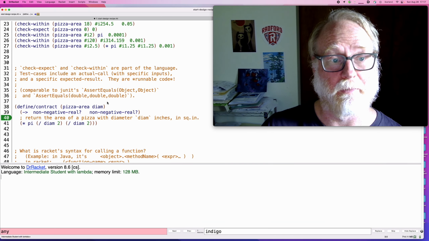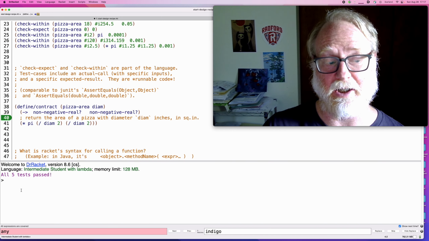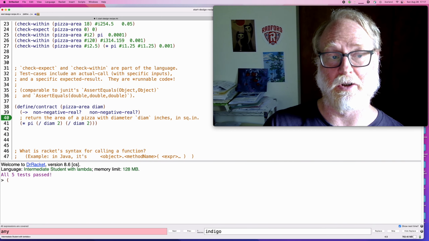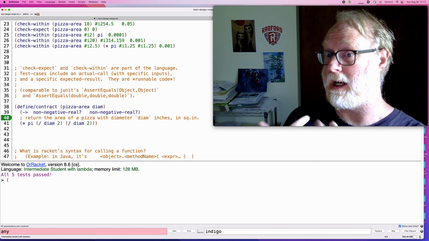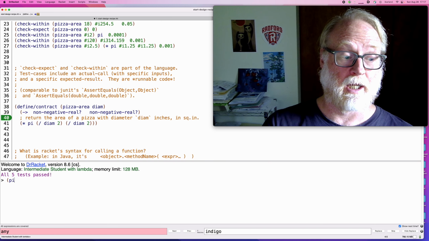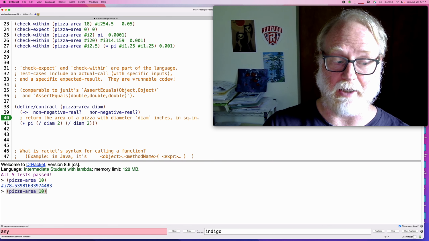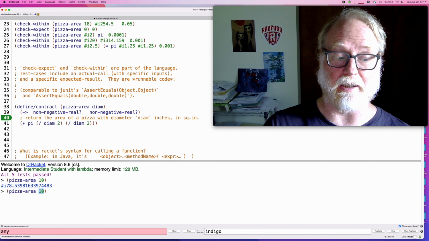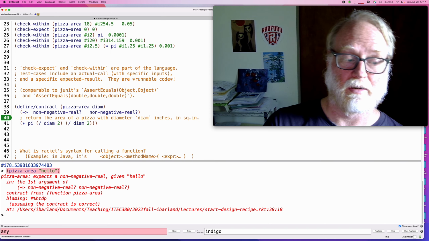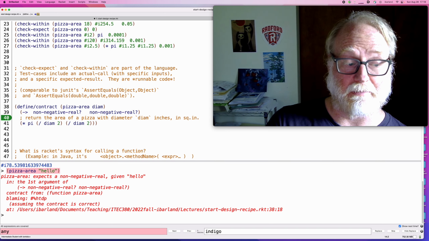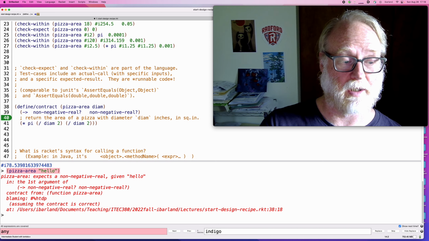Okay, and we run, and now it says again all 5 tests pass. And here's the interesting thing, just so you can show that define/contract really checks its stuff. I'm going to go ahead and try calling pizza area not with 10 or something like that. I'm going to call pizza area with the string hello, and we get the message pizza area expects a non-negative real given hello.